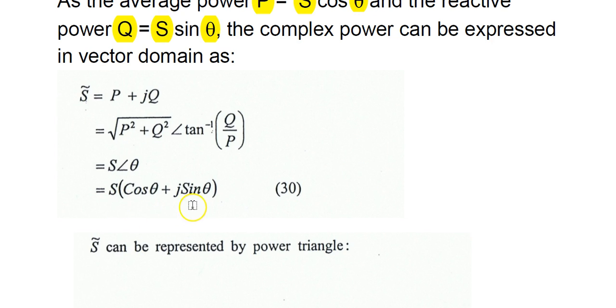Similarly, we can write it in this form: S times (cosine theta plus j sine theta).